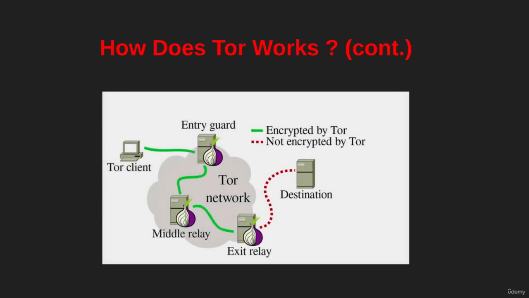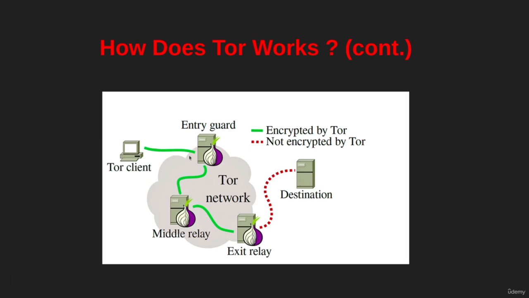Okay, now here is a simple graph. You can see that we have this Tor client and this is the destination. Here is the entry guard and here is the Tor network, and inside it we have the middle relays. Finally we have the exit relay, and this exit relay will give the traffic to the destination.